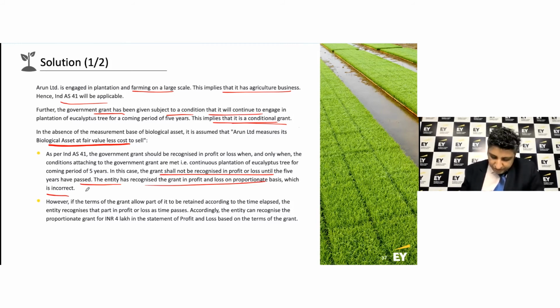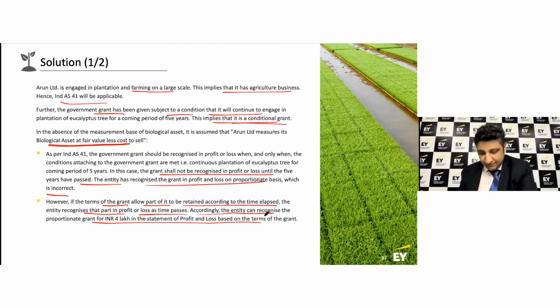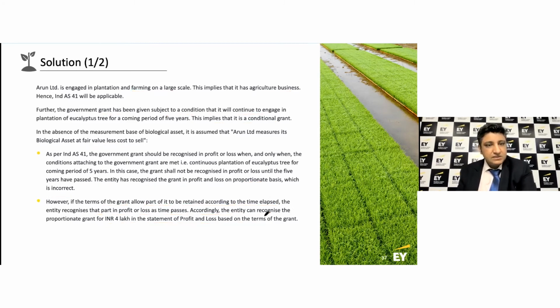Unless, although it's not mentioned, the grant is allowed over a period basis. Even if Ind AS 41 is applicable, even if that eucalyptus tree is measured at fair value less cost to sell, if the grant has a condition that it can be made available to the entity over the period, then that treatment is permissible.